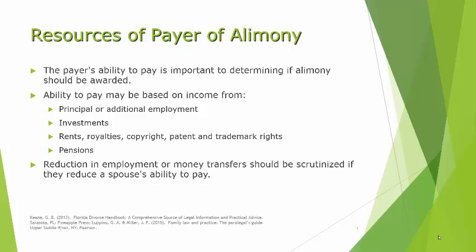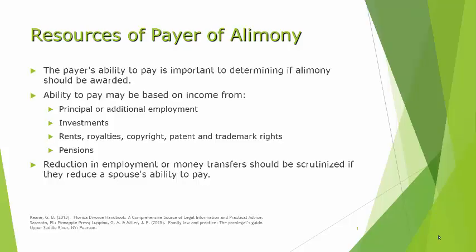In line with the core concepts, as I noted, of ability to pay, the court will look to the resources of the payer of alimony. The court has to look to the resources of the payer to decide on alimony amount. The financial resources will come from many aspects. For example, employment income. That's important, but it's not the only factor.